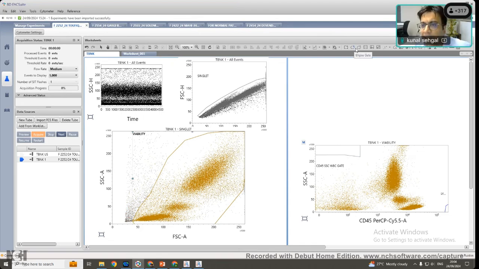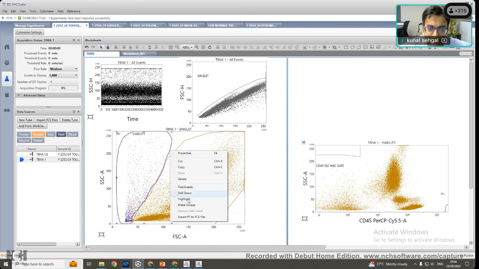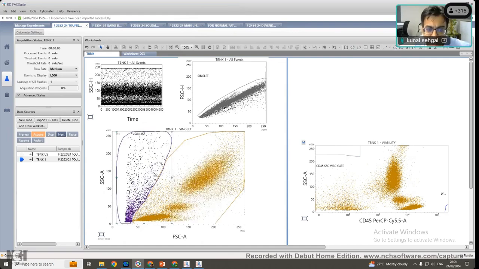Now either I can color the debris or I can color the cells which are my viable cells. So I can even draw a gate on my debris and give it a color if I want. So all these cells which are drawn in now purple color is essentially debris. I can highlight the events, but I don't want to study these events. What I want to study is only my viable events.